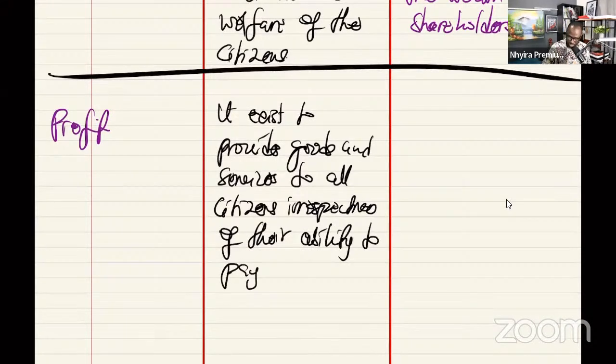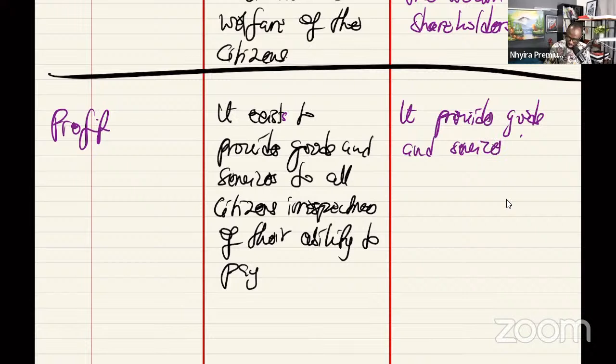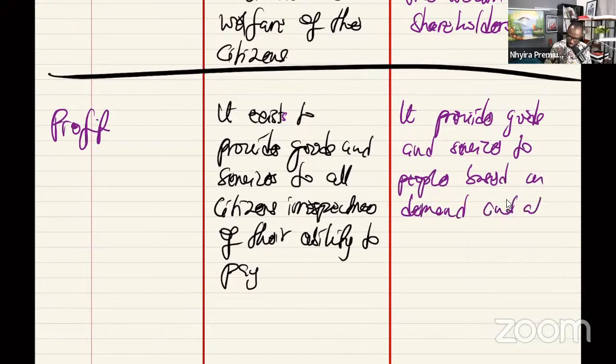But the private sector exists, so it provides goods and services to people based on demand and ability to pay.